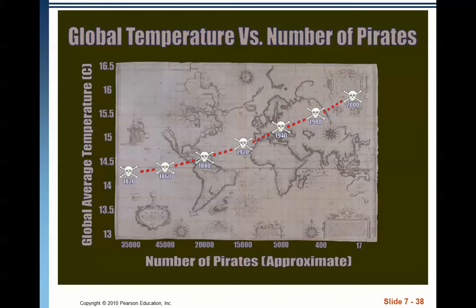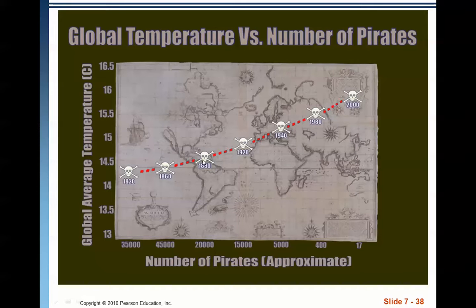And finally, my favorite one. I like the concept, but it's a terrible graph. First of all, don't look at the scaling. The scaling is just miserable. It makes me want to punch somebody. But here we can see that decreasing pirates is causing global warming, right?